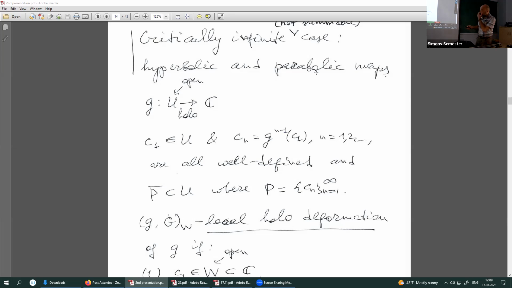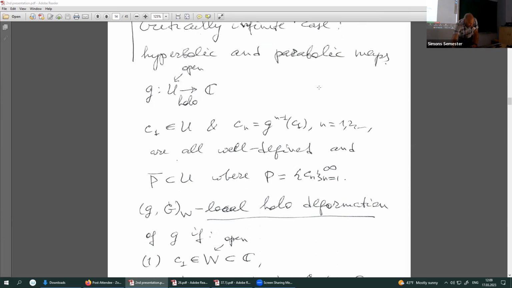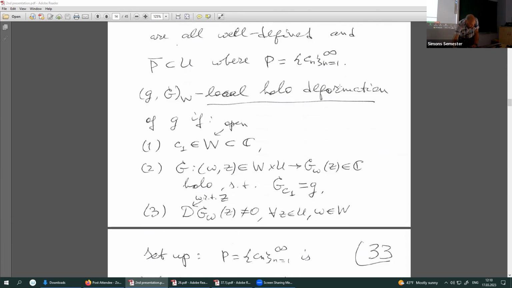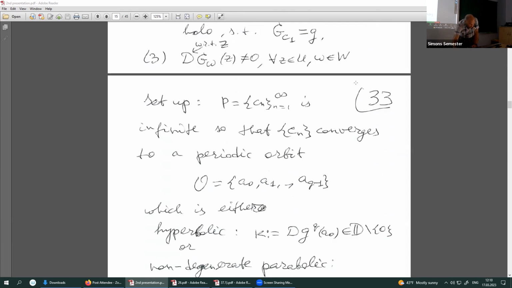And this orbit, by the condition, there is a definition of local Lorentz information, which is the same, but with an infinite set. And by the condition, this orbit converges to a periodic orbit, okay?